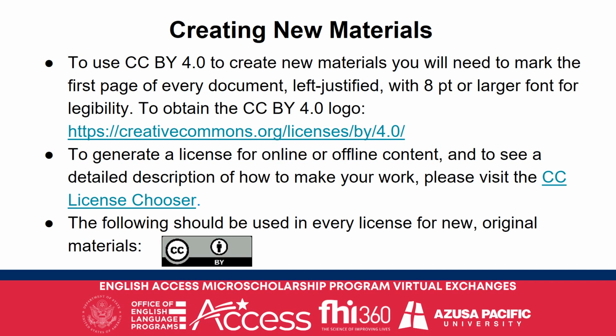To obtain the CC BY 4.0 logo, visit creativecommons.org/licenses/by/4.0/. To generate a license for online or offline content and to see a detailed description of how to make it work, please visit the CC license chooser. The following should be used in every license for new original materials.